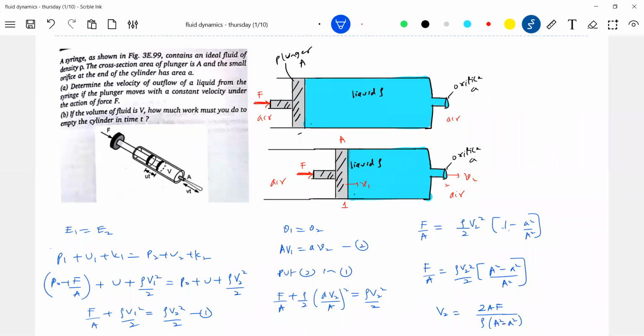This much speed, the liquid will emerge from the syringe. I am telling you, Western science has not come all of a sudden. They have put effort for years together. Please understand, science is not something sudden.